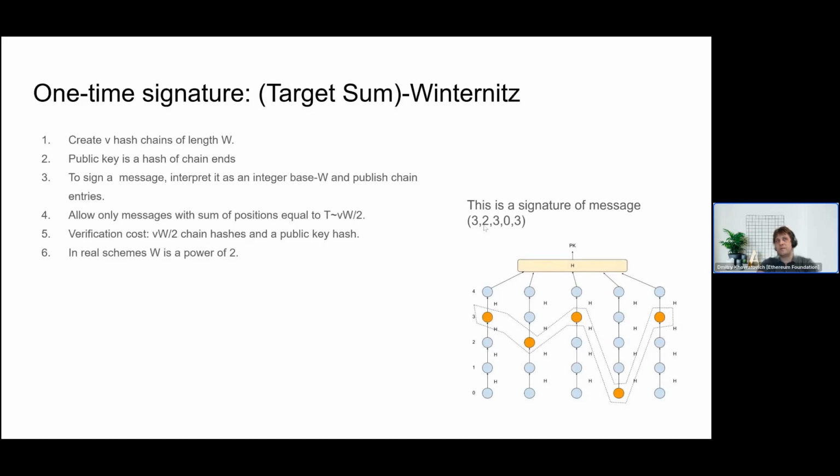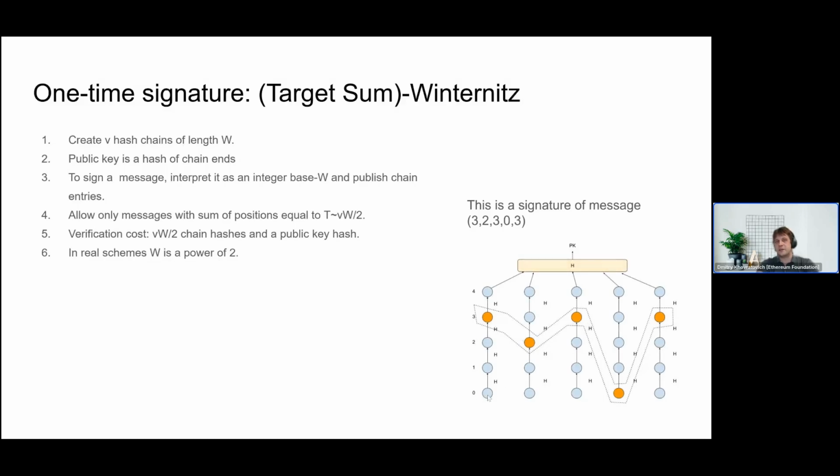For example, if we want to sign not 32303 but 23, if we want to swap these first 2 components to have the same sum of elements, then we have to publish this element and this element, but this element remains secret in the custody of the private key owner. So just having the signature, these 5 components, it's not possible to produce another signature for a message with the same sum.